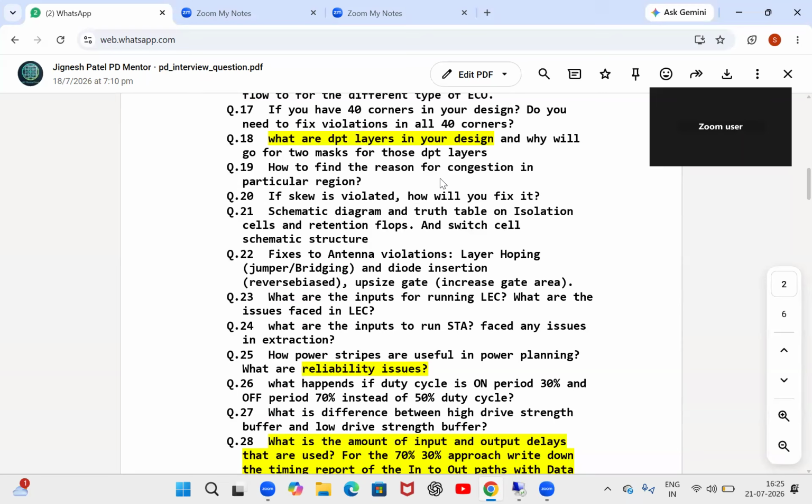The question is not how to fix the congestion. The question is saying how will you analyze or root cause the congestion. First we have to check: is it cell density or pin density? How will you exactly check it? Based on the GRCs, overflow and GRCs.